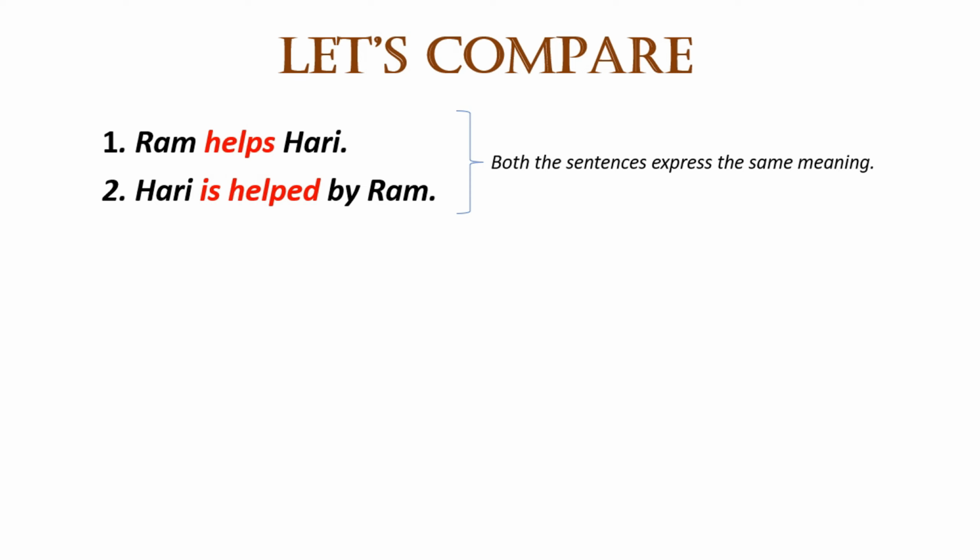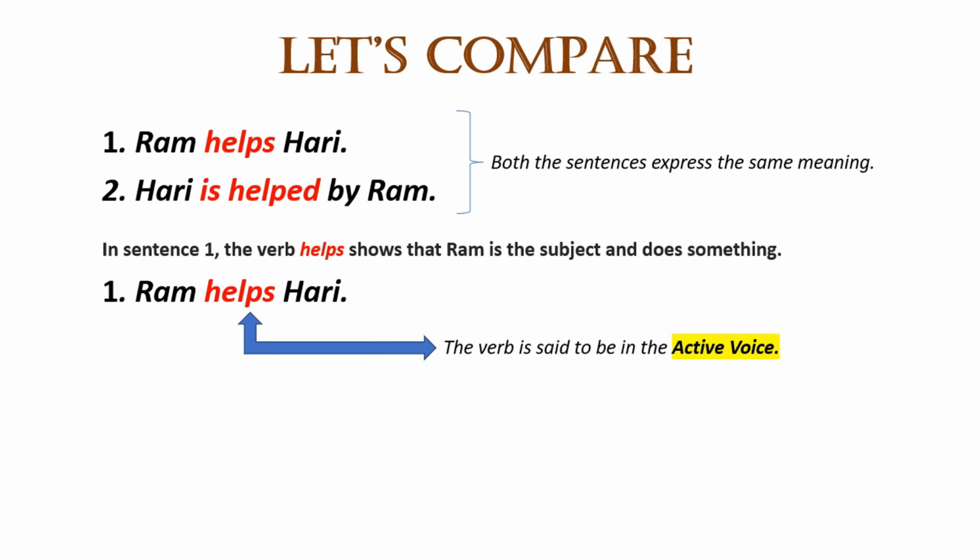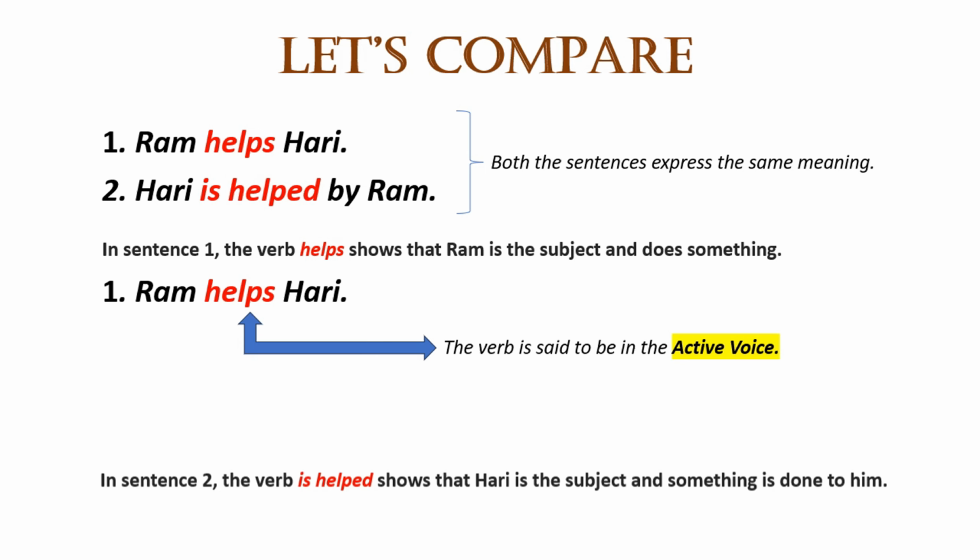Both the sentences express the same meaning, but in sentence 1, the verb helps shows that Ram is the subject and does something. It means Ram is the doer of the action. Because Ram is the subject and the doer of the action, the verb is said to be in the active voice.